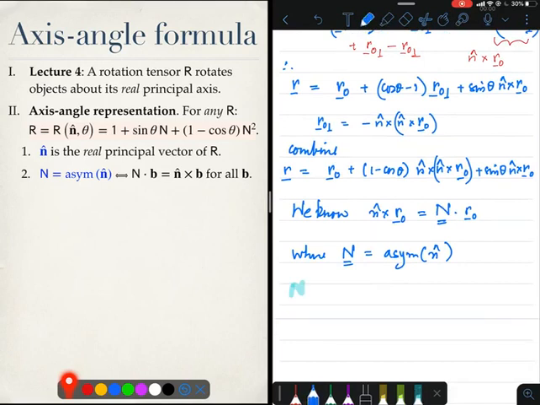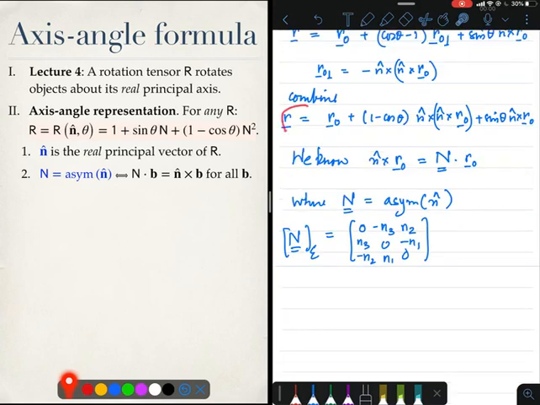So n in any coordinate system will be 0, minus n3, n2, minus n1, 0, 0, and n3, minus n2, n1.